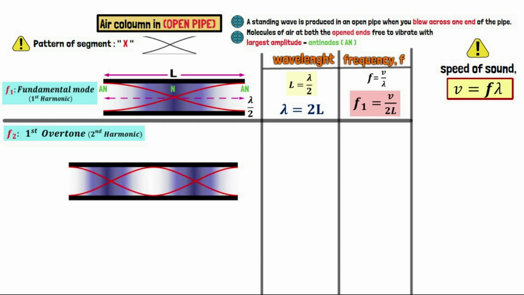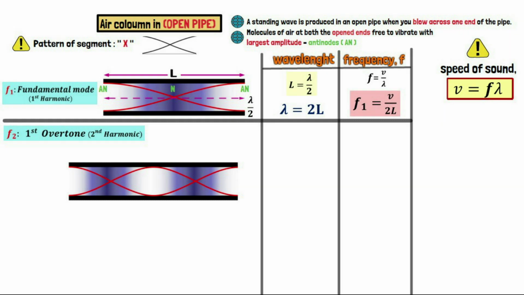Kalau you nampak dekat sini, the pattern of the standing wave produced in the open pipe untuk second harmonic iaitu 2 kali pattern of segment X. Kalau first harmonic tadi kita ada satu saja pattern X, dan untuk second harmonic macam mana kita nak lukis dan nak ingat, okay, second harmonics ataupun first overtone adalah 2 kali X. So kita mesti lukis 2 kali X.